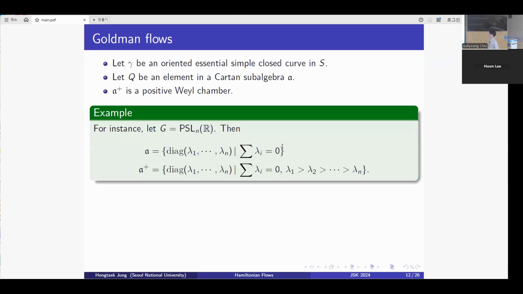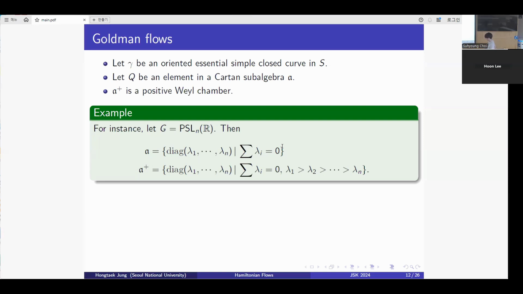I use very fancy words, but for example when G is PSL(n,R), the Cartan subalgebra is just the set of all diagonal matrices with zero trace.